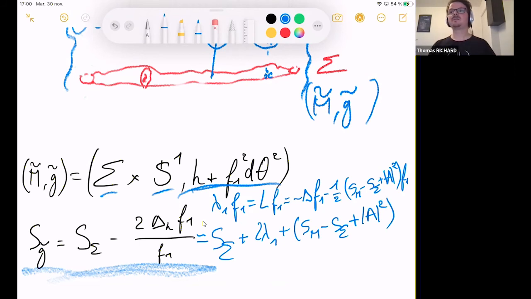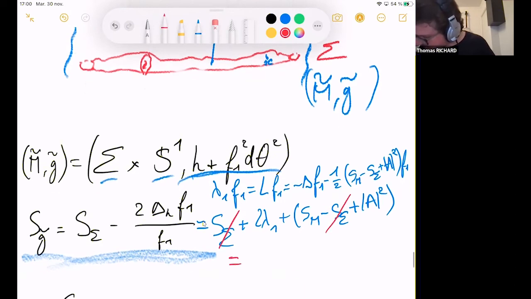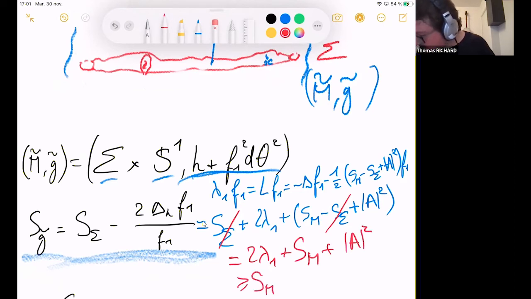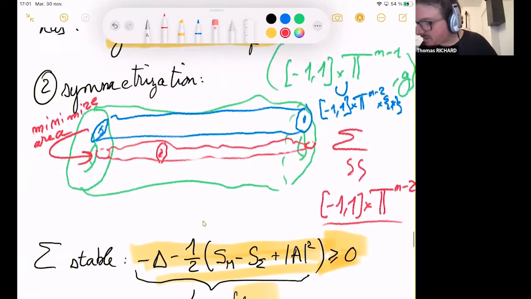This is just an explicit computation using those two formulas. And then we're in luck because the S sigma goes away. And so this is equal to 2 lambda 1 plus S_M plus A squared. Lambda 1 is positive, so this is greater than S_M, which by assumption was greater than n(n minus 1). So basically we've replaced our original manifold by this one.